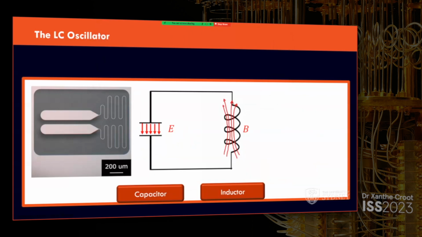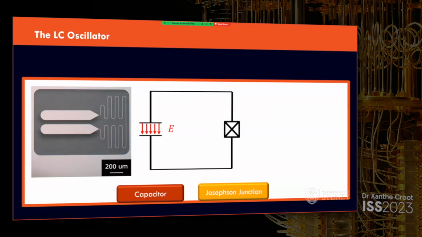So what can we do? The answer, and the secret, lies in switching out this inductor for a Josephson junction. A Josephson junction is very much like a normal inductor, but it's got a slight non-linearity to it, which means that it creates energy levels that are quite different.